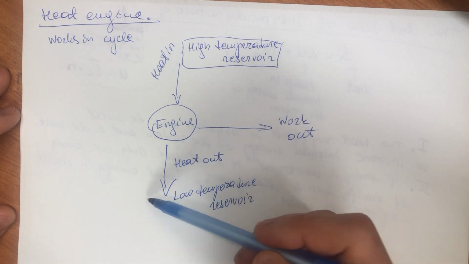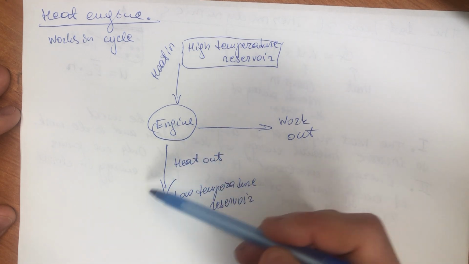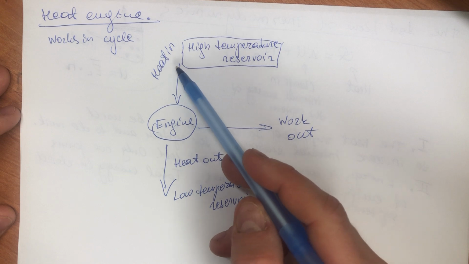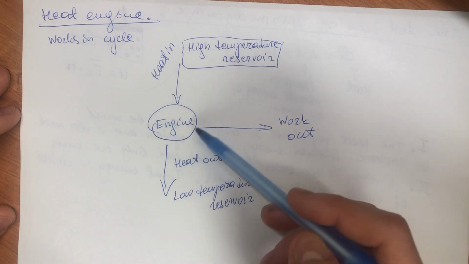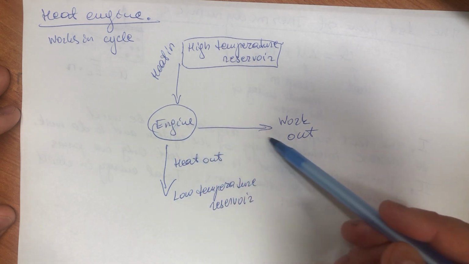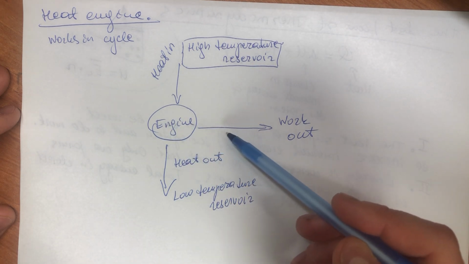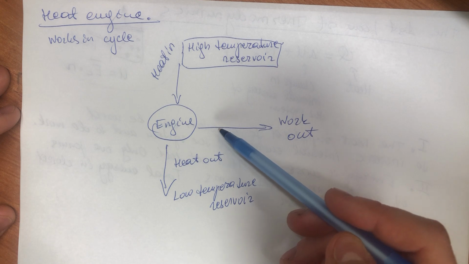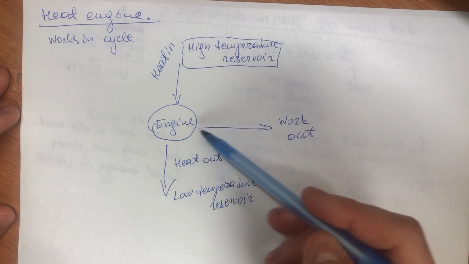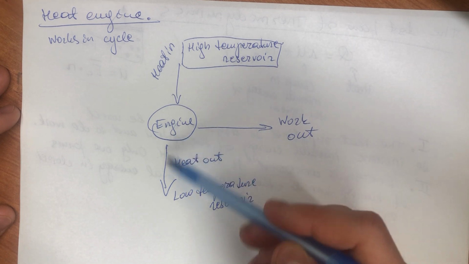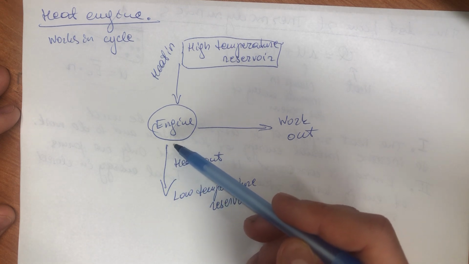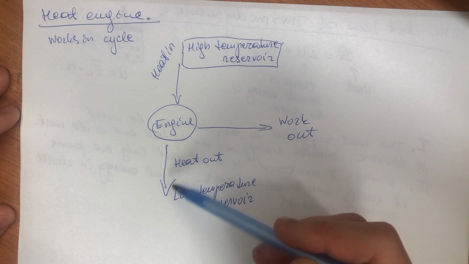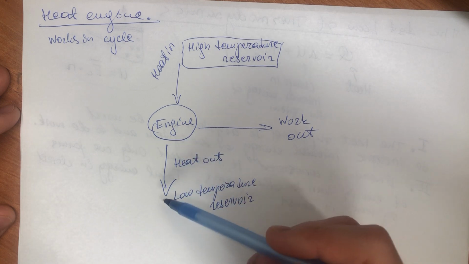Heat comes in as fuel goes through the combustion reaction in the engine and does work. The kinetic energy of moving gases, CO2 and H2O, does work, and the residual gases that were unable to do work go out.